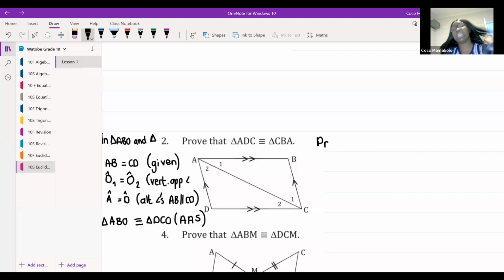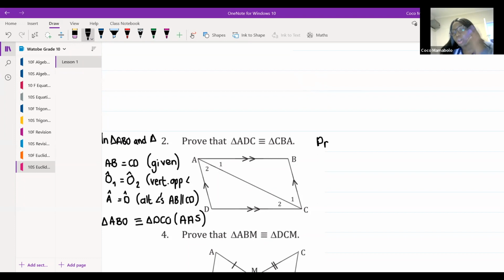Do arrows mean equal? If I have two lines that look like this and they're parallel, are they equal? No, they're not. They are parallel. We don't know anything about their equality. We can only say that they are parallel. We cannot say that they're equal.